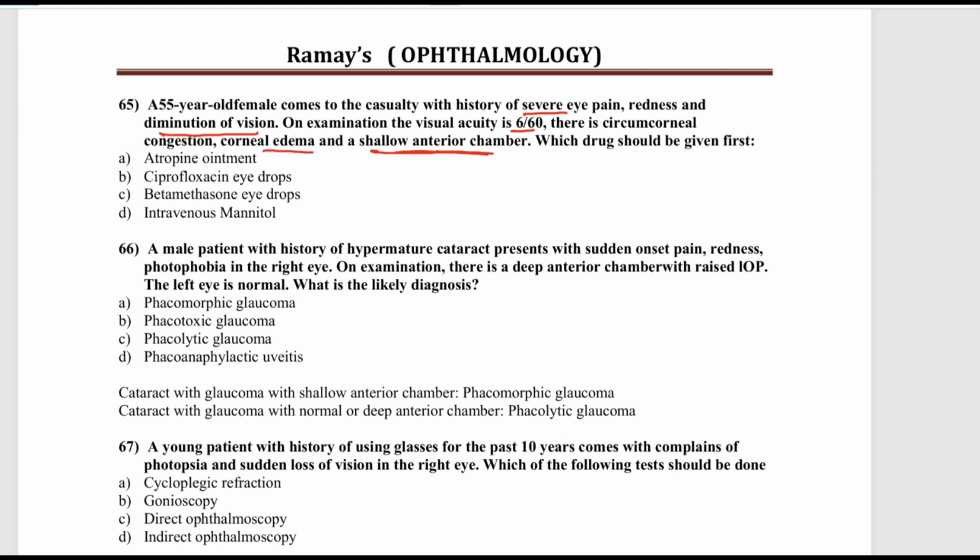Which drug should be given first? First, we have to make the diagnosis quickly. There is severe eye pain, redness, and decreased vision, along with corneal edema and a shallow anterior chamber. All of these point to acute angle closure glaucoma. And in the emergency, we should give intravenous mannitol to rapidly decrease the IOP.